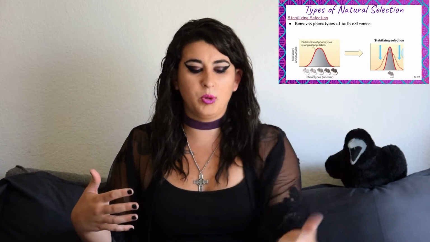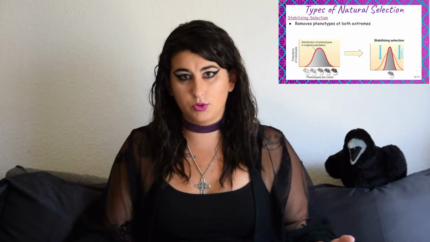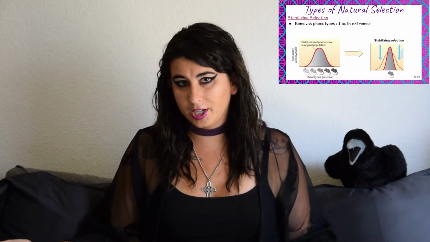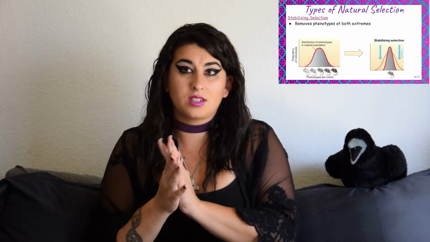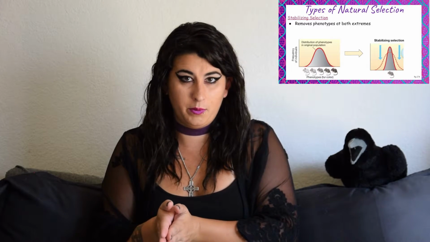So perhaps both the very light and very dark individuals now get picked off more frequently by predators. Those alleles are lost. And now the result that we have here is just this middle gray phenotype.